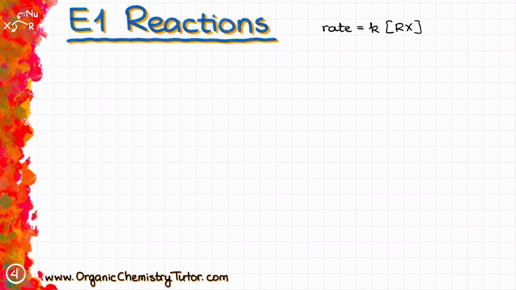Another important thing about the E1 reactions is that they also form the carbocation intermediate, which means that if I start with the same starting material that I had in the previous page and I again react that with water, my step number 1 is going to be the formation of my carbocation via the leaving group dissociation.